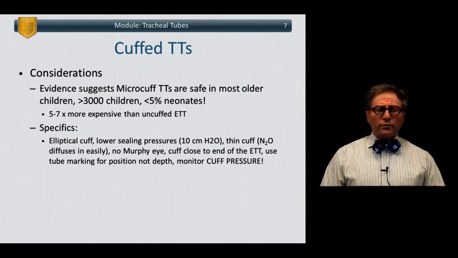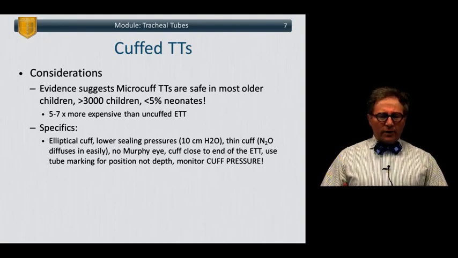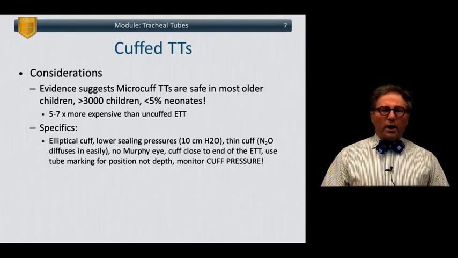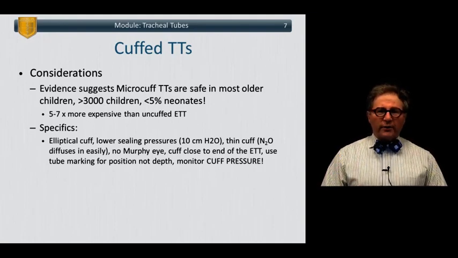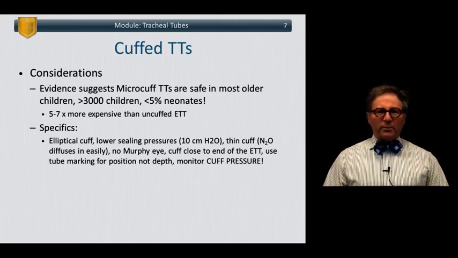The microcuff tube is designed by pediatric anesthesiologists and does offer a number of features that are particularly appealing. And that is, the cuff is elliptical rather than spherical. So the pressure is uniformly applied over a larger surface area in the trachea. The sealing pressure to prevent a leak is much lower than in the standard cuffed endotracheal tubes, only 10 centimeters of water.